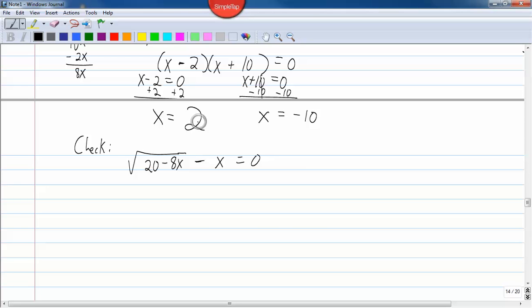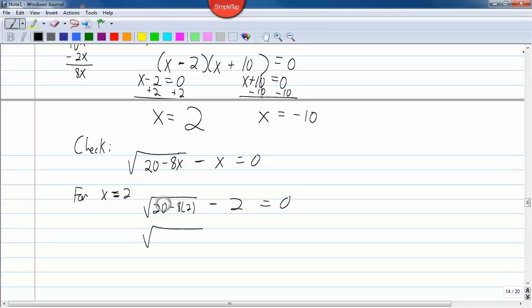And first, we need to plug in 2 for everything and work it out. For x equals 2, I have the square root of 20 minus 8 times 2, and then minus 2 equals 0.